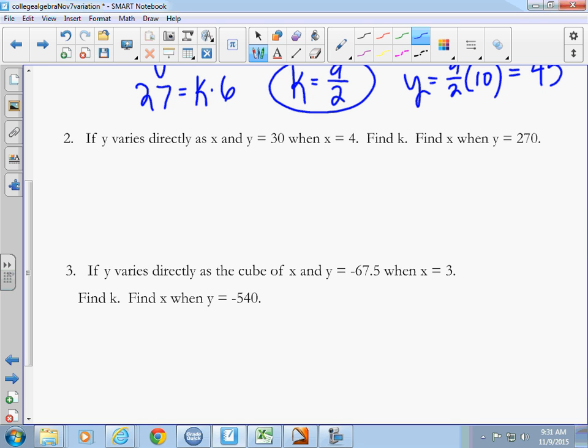If y varies directly as x, and y equals 30 when x equals 4, find k. And then find x when y is 270. So again, we have a direct variation, so the first thing I'm going to do is write the equation.